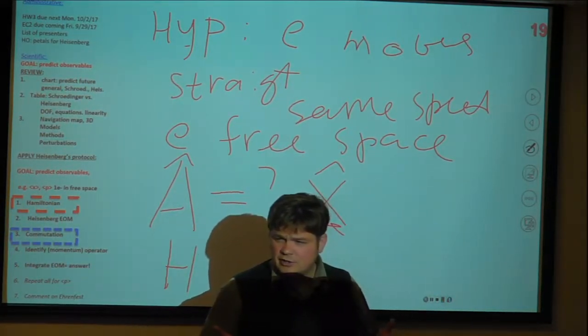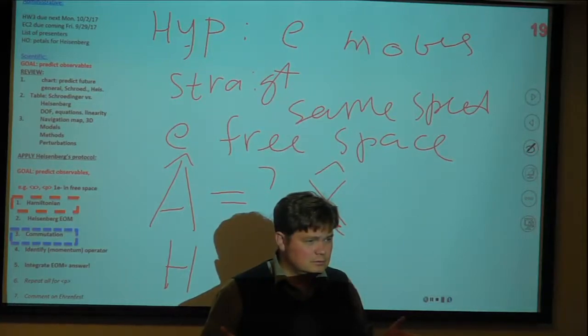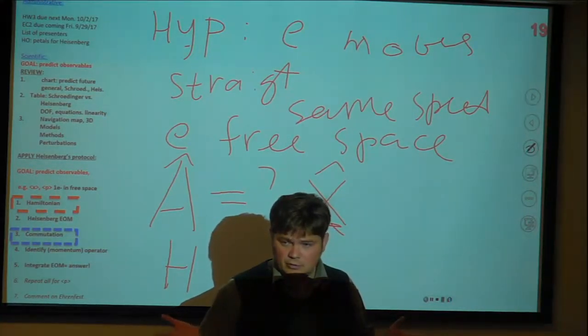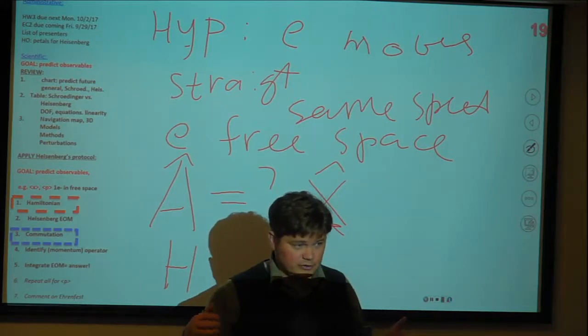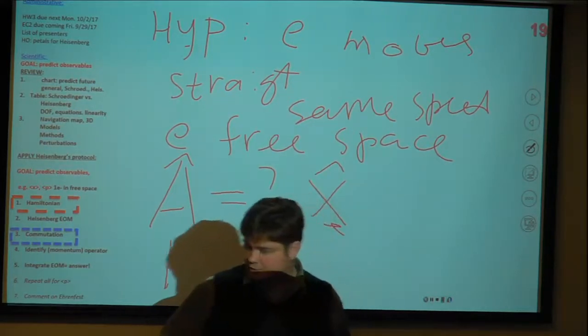What is the Hamiltonian in free space? Just kinetic energy. Yep. There are no ions to attract the electron, nothing exerts forces on it, nothing exerts potential, so there is no potential energy.